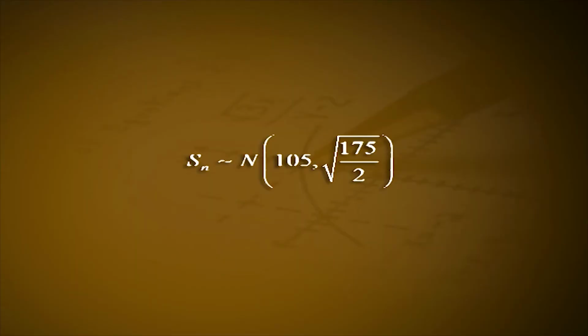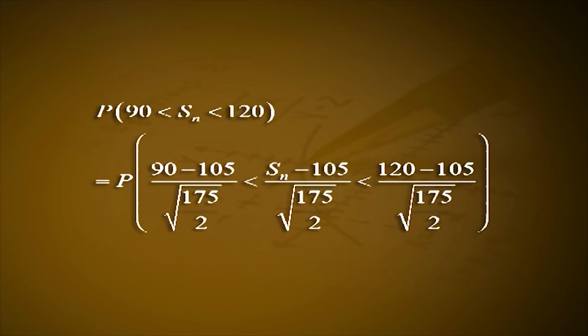By central limit theorem, Sn follows normal with mean 105 and standard deviation square root of 175/2. So, probability of 90 less than Sn less than 120 equals probability of (90 minus 105)/square root of 175/2 less than (Sn minus 105)/square root of 175/2 less than (120 minus 105)/square root of 175/2.